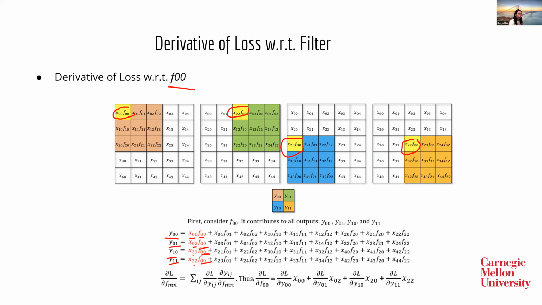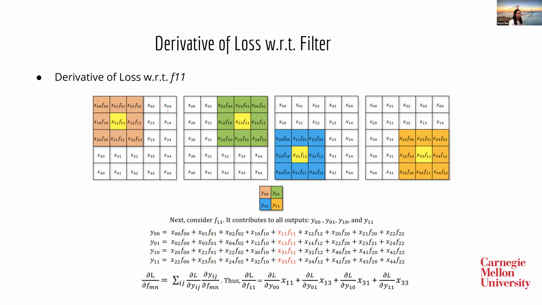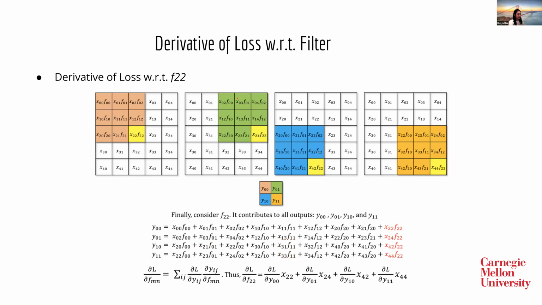That's the gradient of the f00 item. So you can do the similar thing for all other items in the filter, and that's similar for f11 and f22.